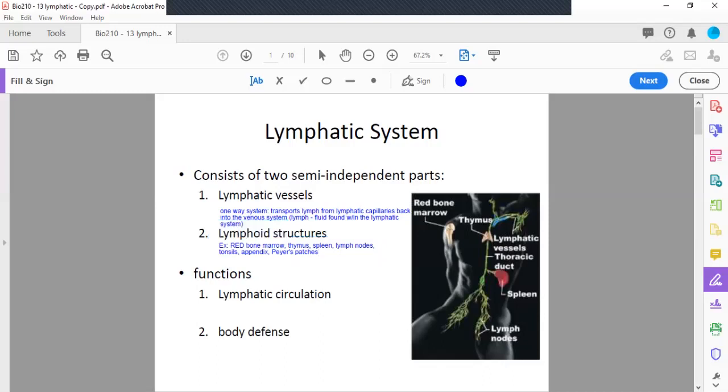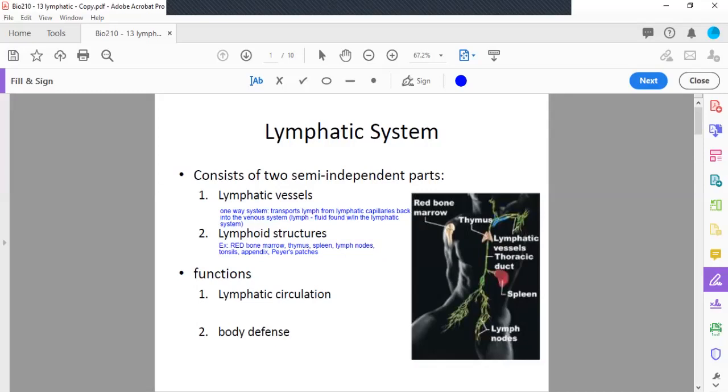Now let's go into the functions. The moment I use the word lymphatic system, the first thing you think of is defense, and you are correct. But let's talk about the first function first, and then we'll approach body defense. When you think of the lymphatic system, you think of lymphatic circulation.